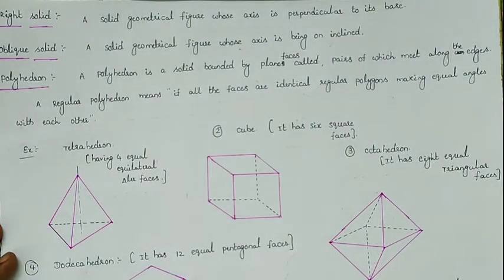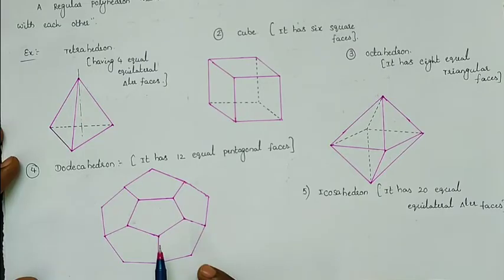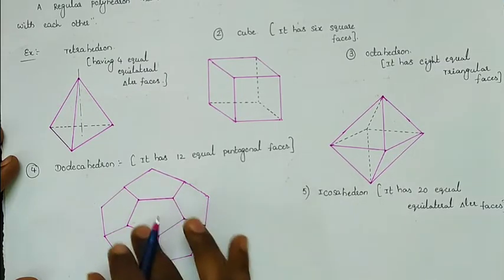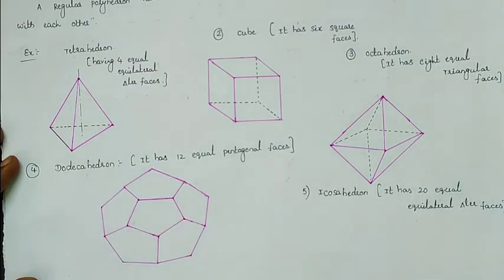Coming to the next one, the dodecahedron is one type of regular polyhedron. The dodecahedron has 12 equal pentagonal faces. The faces look like a pentagon shape. Here 1, 2, 3, 4, 5, 6: on one side we have 6 equal pentagonal faces, and on the other side also 6 equal pentagonal faces.